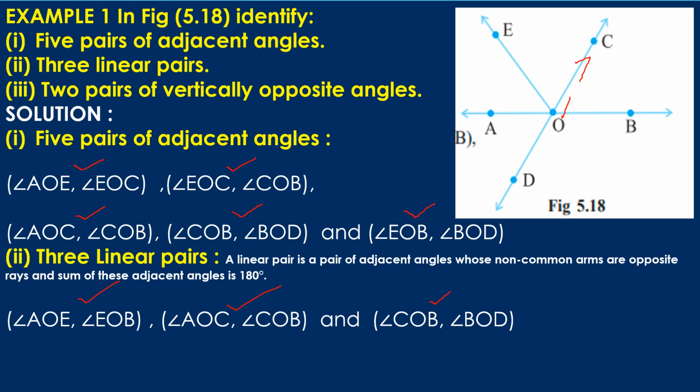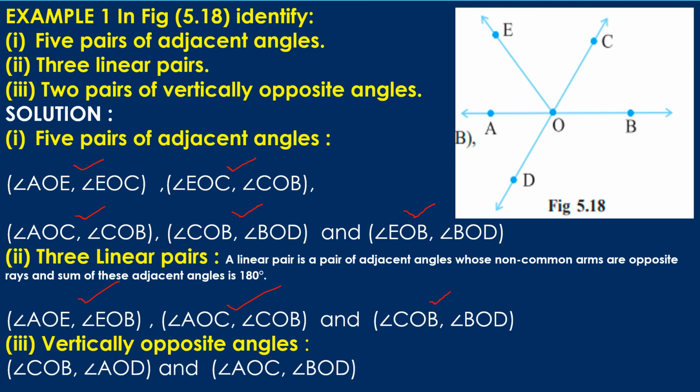And next, what is the next question? We need to identify two pairs of vertically opposite angles. Vertically opposite angles are obtained by the intersection of two lines, and vertically opposite angles are equal. That we already know. Therefore, angle COB and angle AOD are said to be vertically opposite angles.